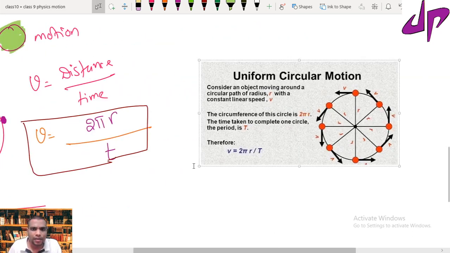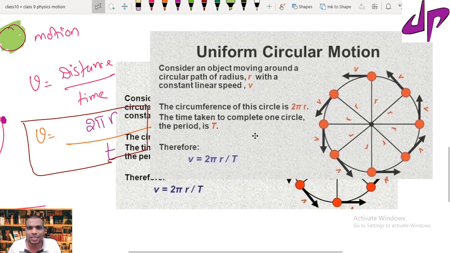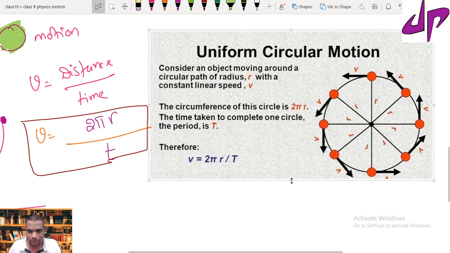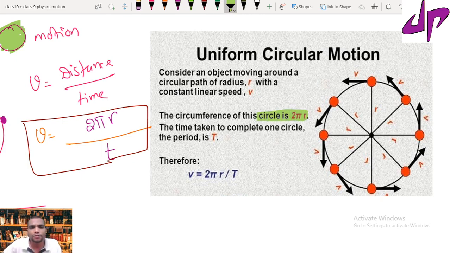So finally, in uniform circular motion, if an object is moving with a constant speed v in a circle of radius r, and the circle has a circumference, what is the circumference formula? 2 pi r.